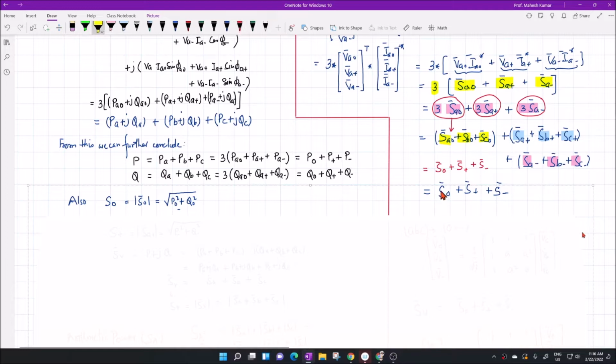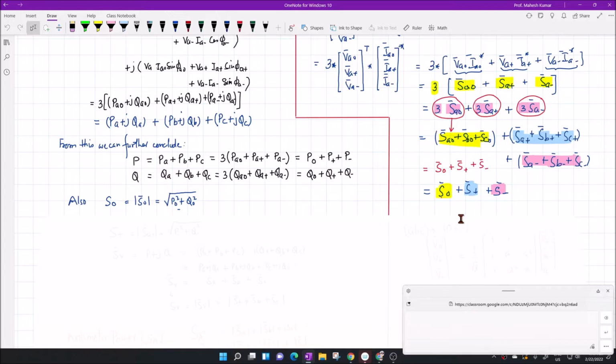Now this S0 accounts for this one, and this S plus accounts for this one, 3 into SA plus or SA plus plus SB plus plus SC plus, and the S minus accounts for this one, which is same as 3 into SA minus. So this is the description of complex apparent power in zero sequence, positive sequence and negative sequence components, also its value in terms of the ABC.